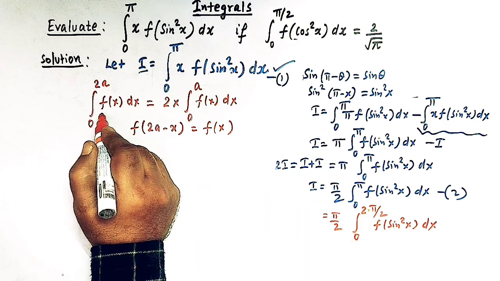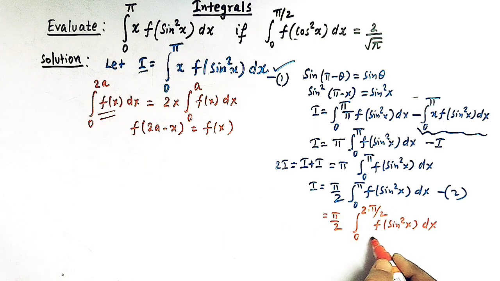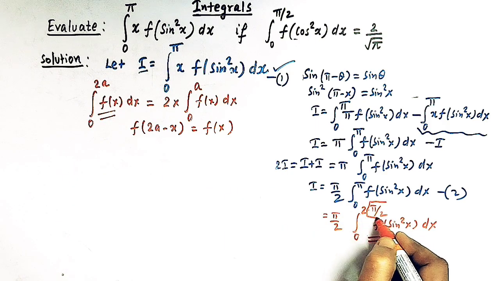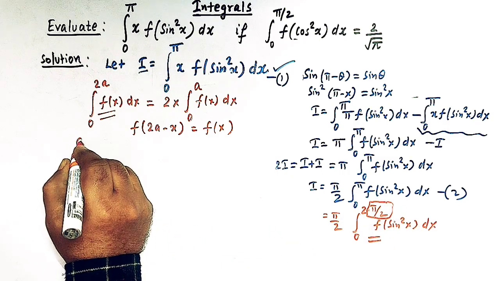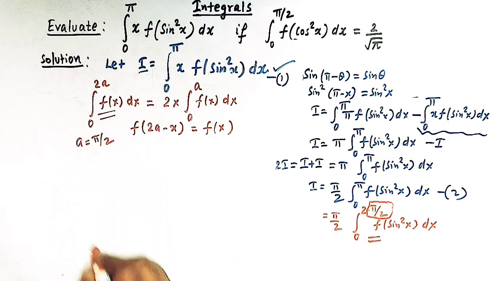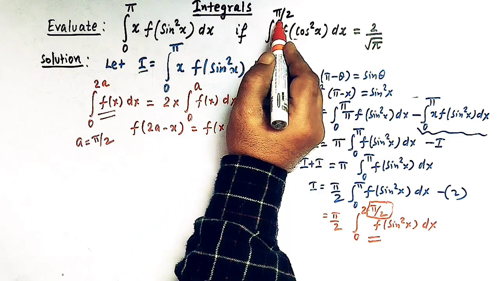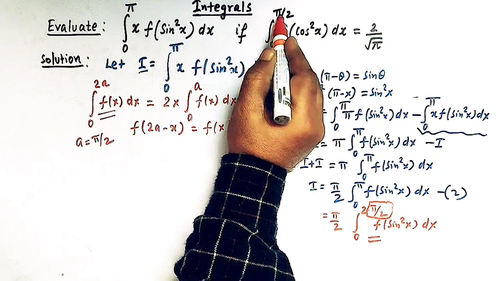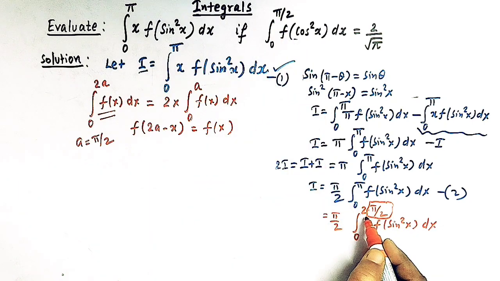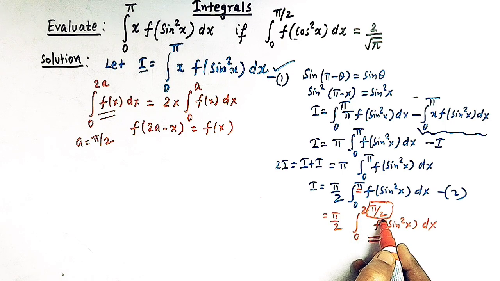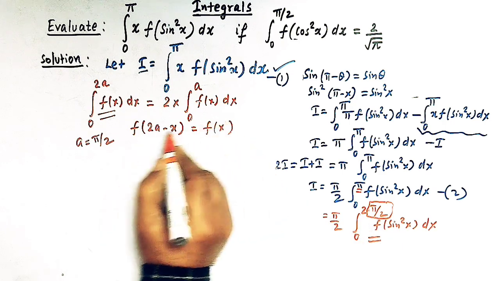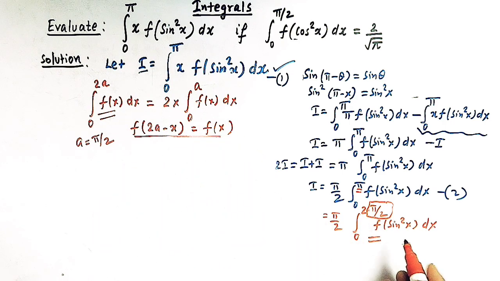So now if we compare this integral with this one, then the value of a is given by pi by 2, right? Because here we have the integral from 0 to pi by 2, so we have written this pi as 2 times pi by 2, and let us see whether this condition is satisfied by this function or not.